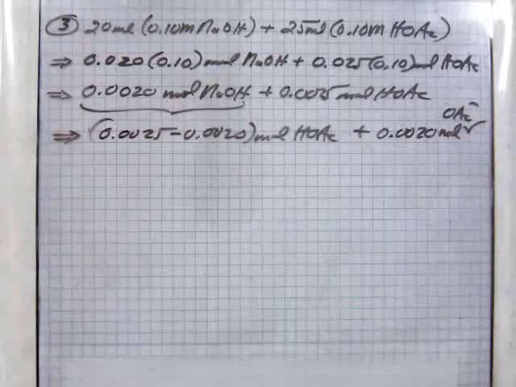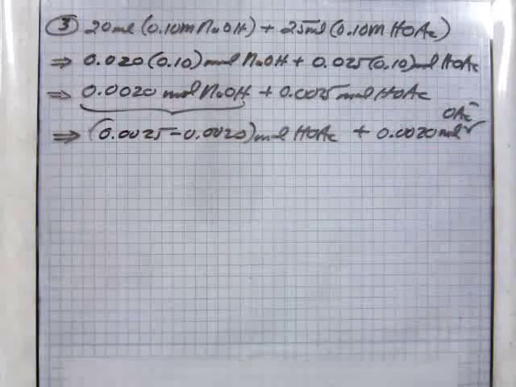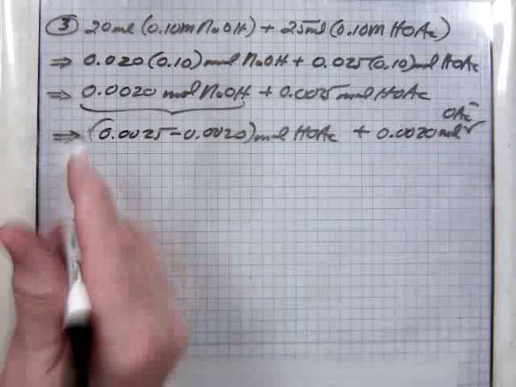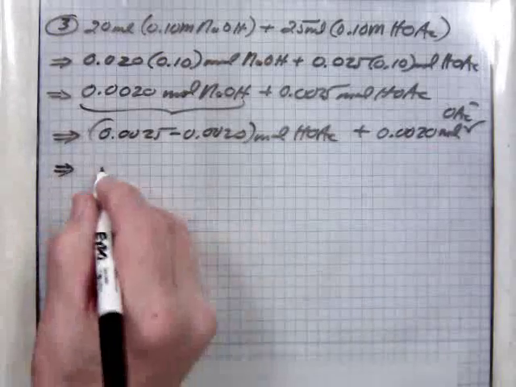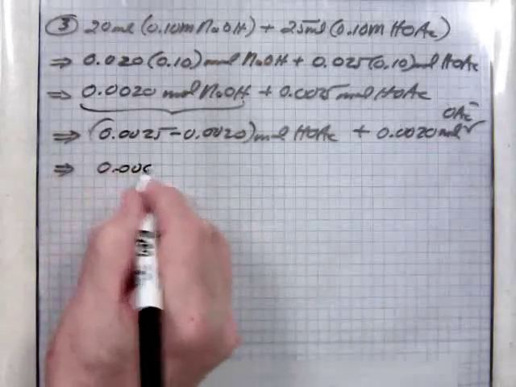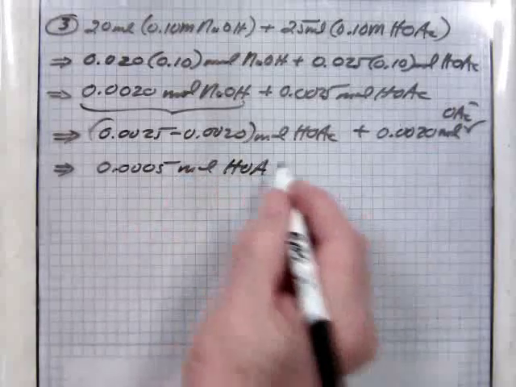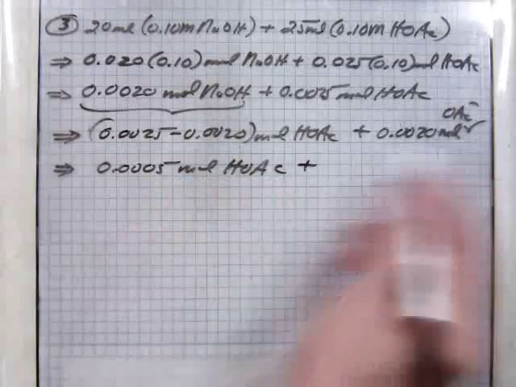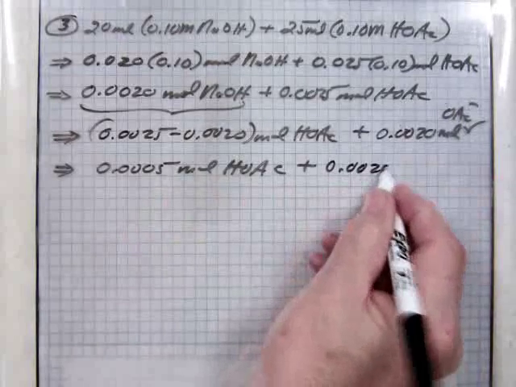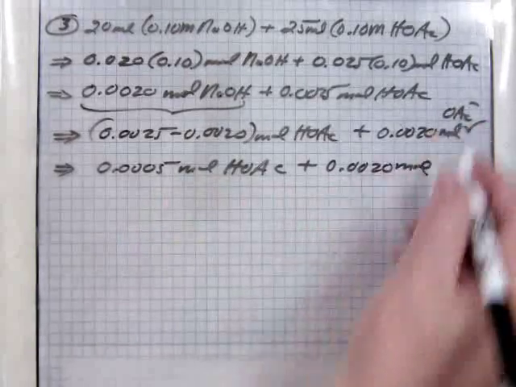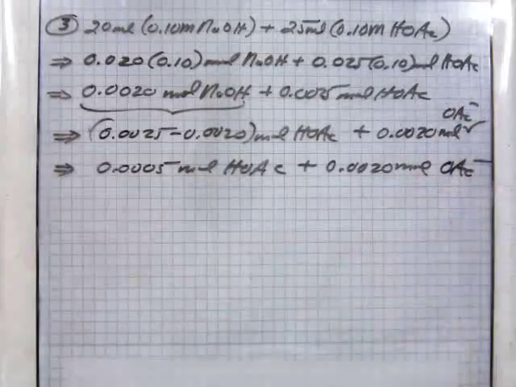Everybody good with that? See how I took the difference, because you have a 1-to-1 reaction ratio. And so that would give us 0.0005 mole of the HOAc in excess with 0.0020 mole of the common ion.